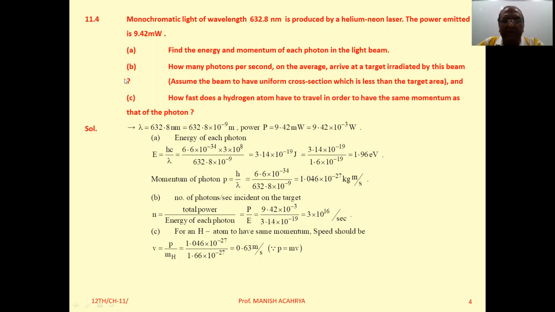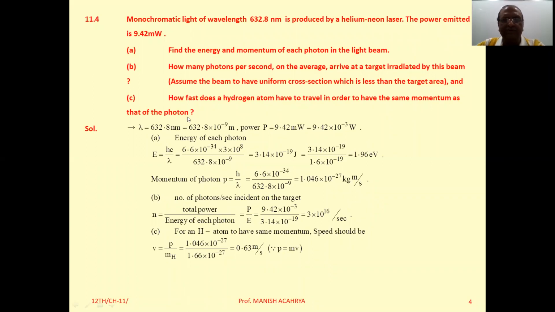B. How many photons per second on the average arrive at the target irradiated by this beam? Assume the beam to have uniform cross section which is less than the target area. And C. How fast does a hydrogen atom have to travel in order to have the same momentum as that of a photon?